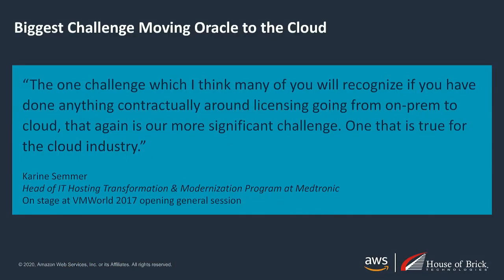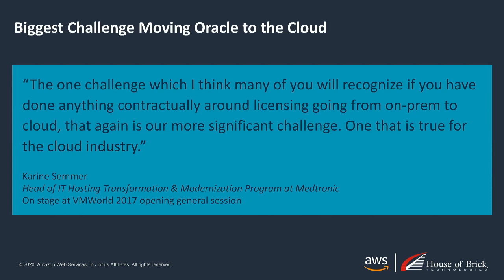One thing we've heard from a lot of our customers, and I think this quote from VMworld from Kareem Semmer really sums it up, is that everyone thinks about the technicals when moving to the cloud, and where you actually get trapped, where the gotchas are, is the licensing models, especially on legacy contracts for software products that different companies might own.